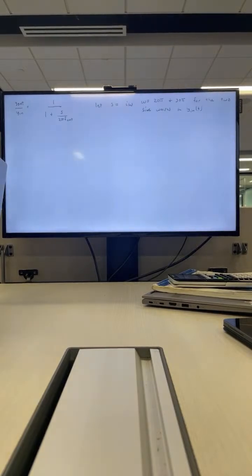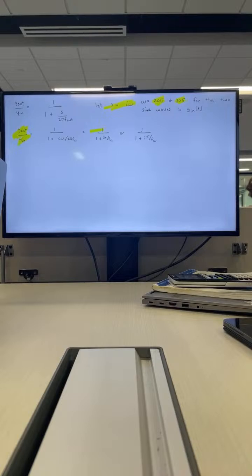Okay. So now I know that S is the j omega, and omega is going to be the angular frequencies 20 and 30 pi, okay, for the 2 sine waves. So now in this formula I'll substitute for omega the values 20 and 30 pi.